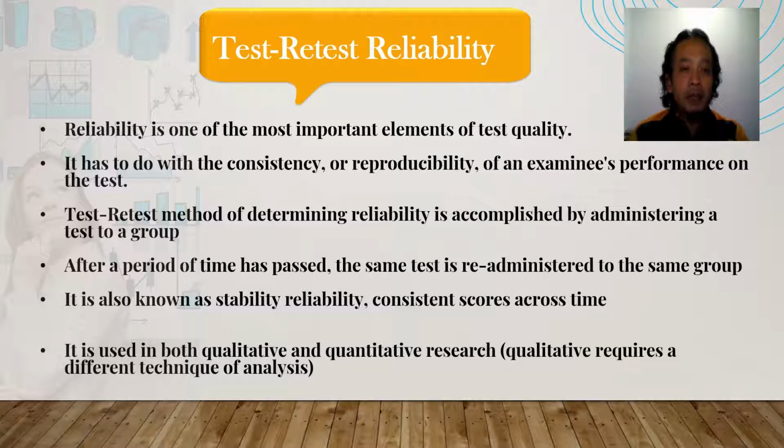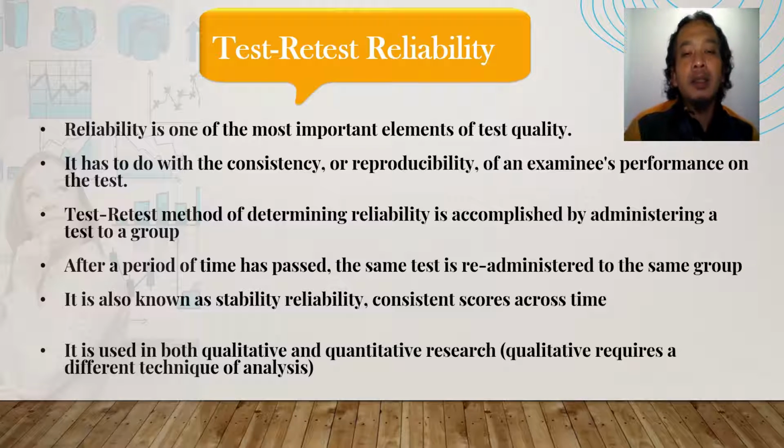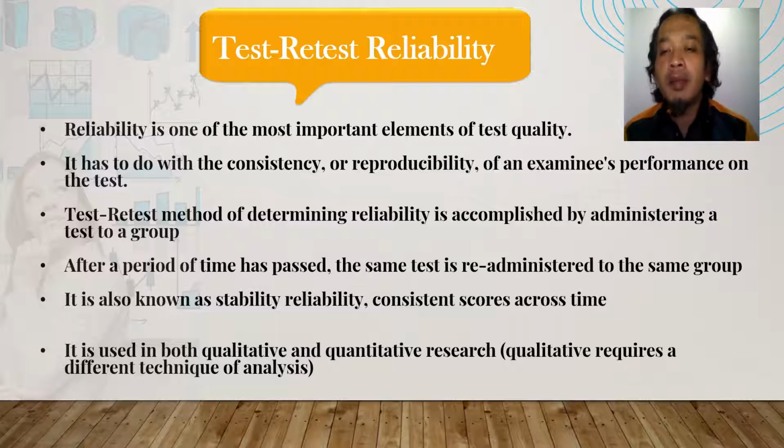It has to do with the consistency or reproducibility of an examinee's performance on the test. The test-retest method of determining reliability is accomplished by administering a test to a group.